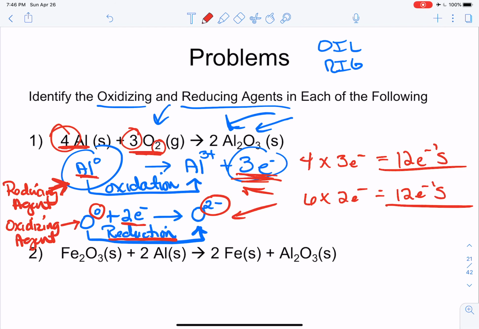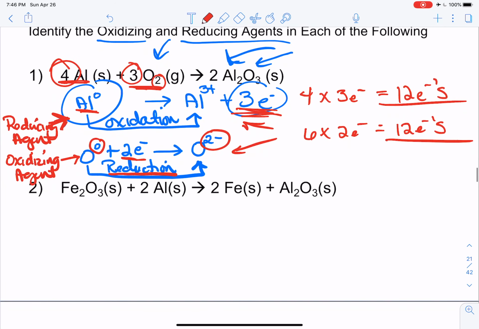Okay, so we're gonna look at number 2. So number 2 has iron, oxygen, and aluminum. Now, let's identify ones that are in their natural states. So we've got aluminum as a solid, and we've got iron as a solid there.